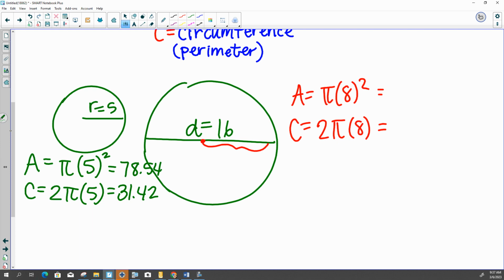All right, let's look at this next one. Maddie, I'm noticing on this big circle, they gave us the diameter, but I don't need the diameter for my equations. I need the radius. So what is the radius for this one? 16 is the diameter, which is all the way across, but all I need for my equation is the radius.